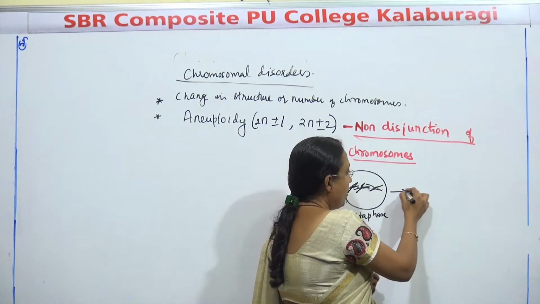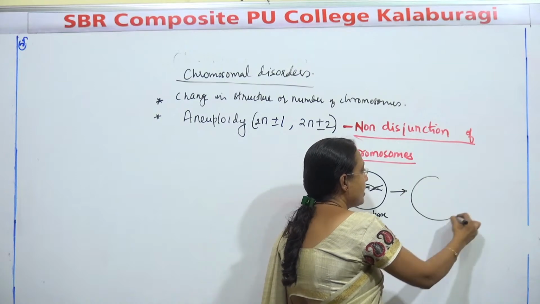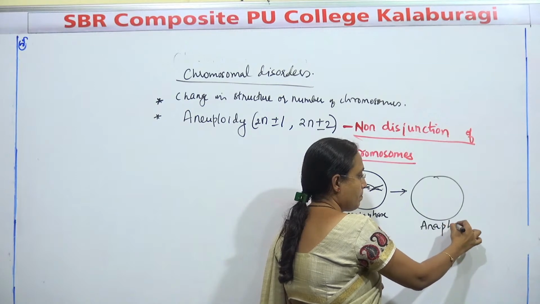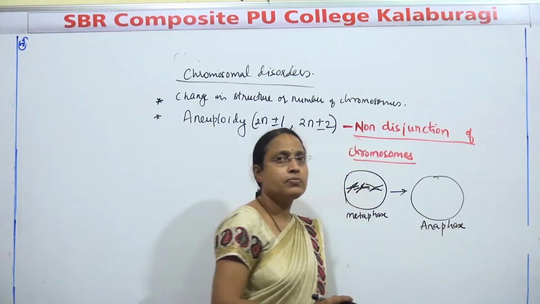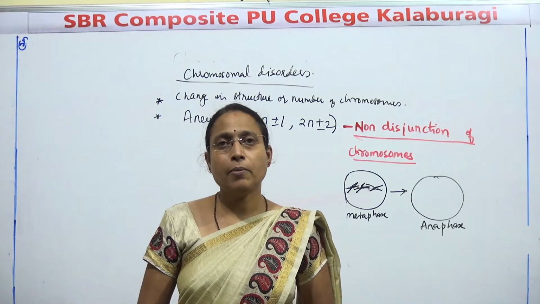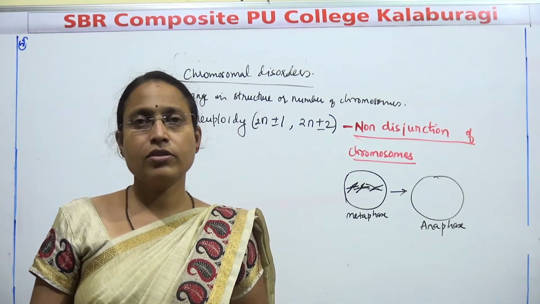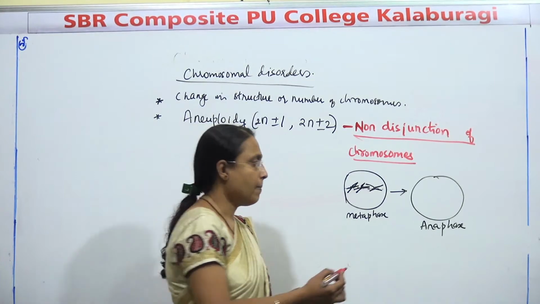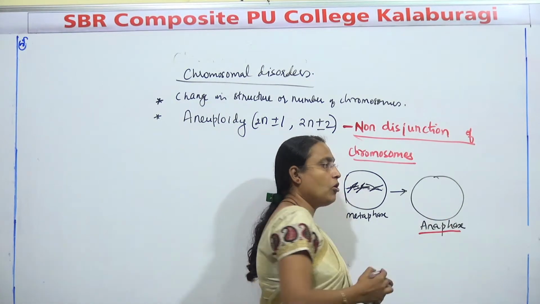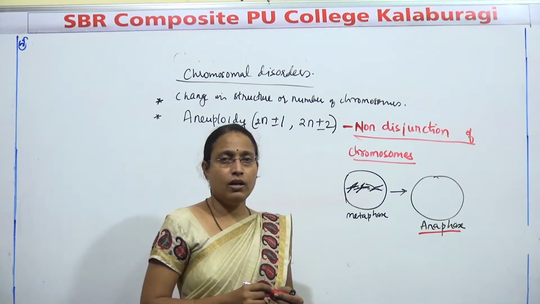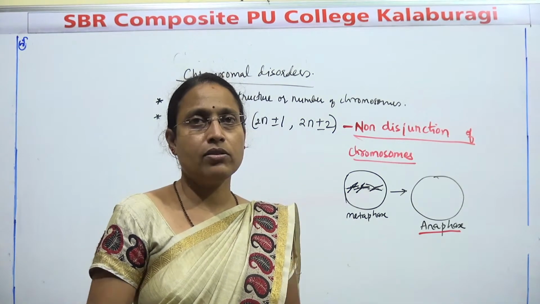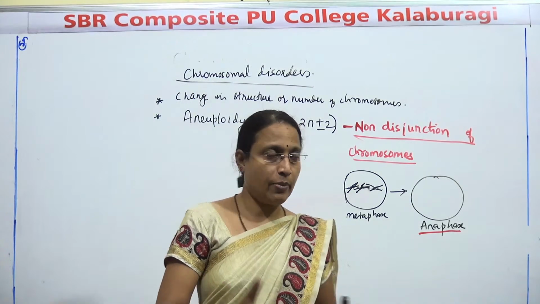After metaphase comes the next phase, called anaphase. In anaphase, what happens? Separation of either homologous chromosomes, if it is meiosis, or chromatids. Homologous chromosomes separate in meiosis 1, whereas chromatids separate in meiosis 2. And in mitosis, only the chromatids get separated.